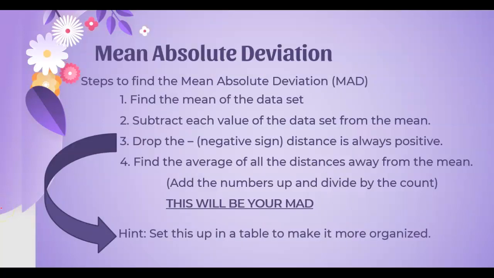Here are the steps to find the mean absolute deviation. You might want to pause the video, take a screenshot of it, write it down, however you want to save it, and put it in your math notes.